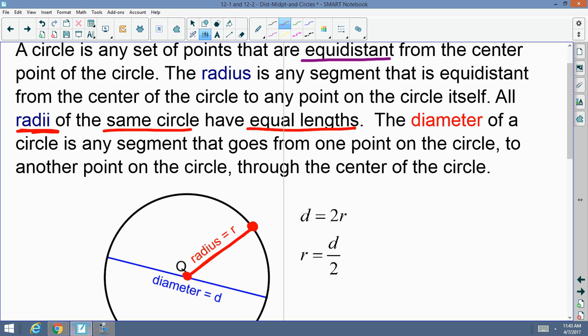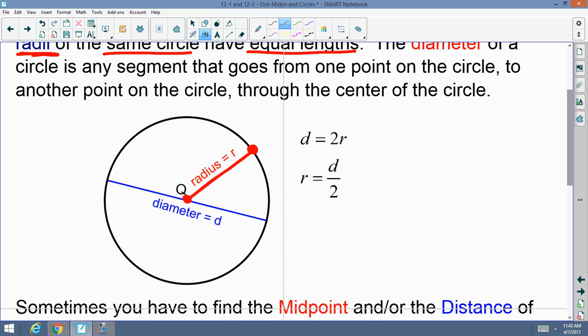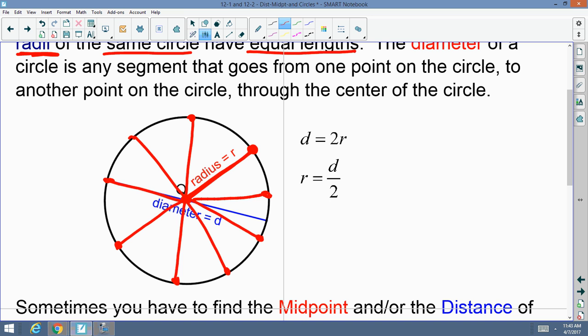So if I take that idea, a circle is formed like this. This distance, then to here, here. All of these are equal, guys, because these are all radii. And all of the points on the outside of the circle, they're all equidistant to the center. They're all the same distance.